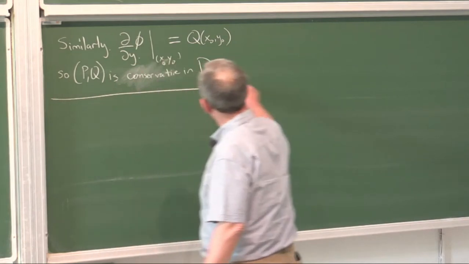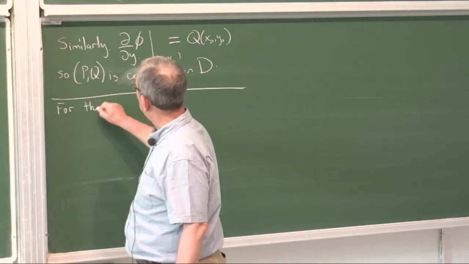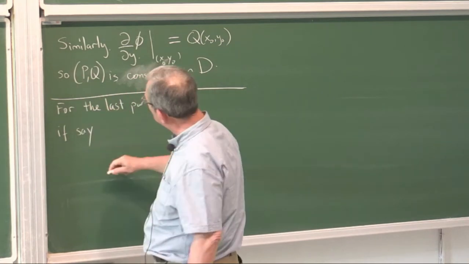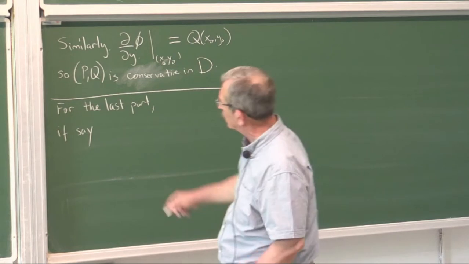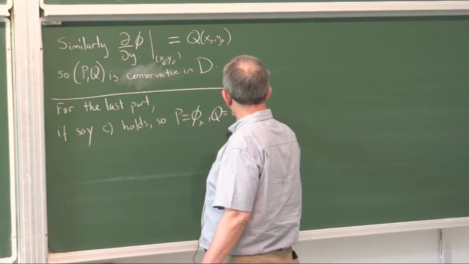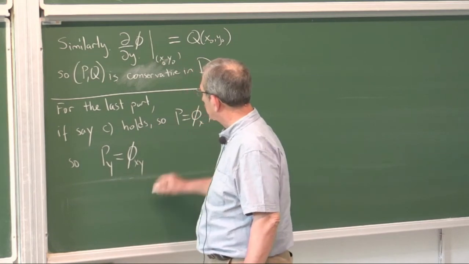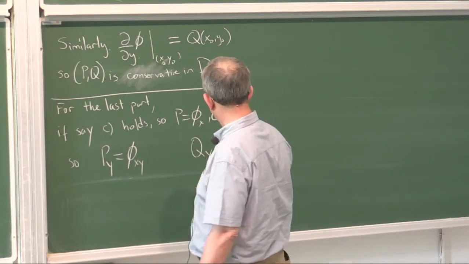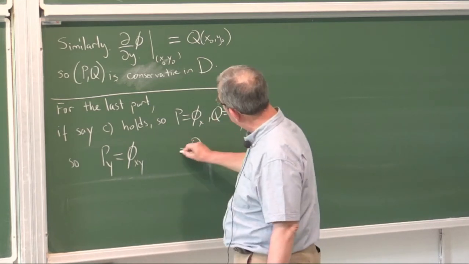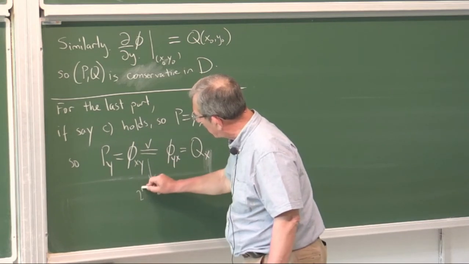Well, finally, for the last part, if they're all equivalent, say we have an exact differential, say C holds, so P is phi sub x, Q is phi sub y, and so P sub y is phi sub xy, we did this before, and Q sub x would be phi sub yx, and these are equal because second partials are continuous.